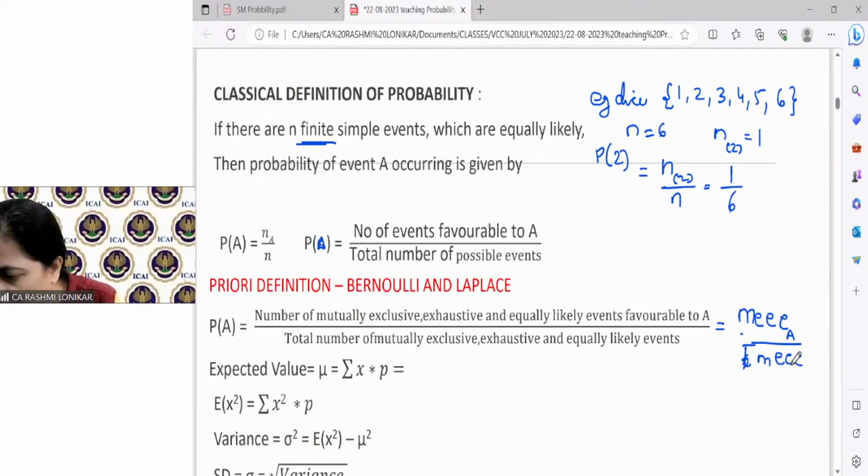Okay, let's write it as total. So this is a broader definition where we are considering all the possibilities that can occur.